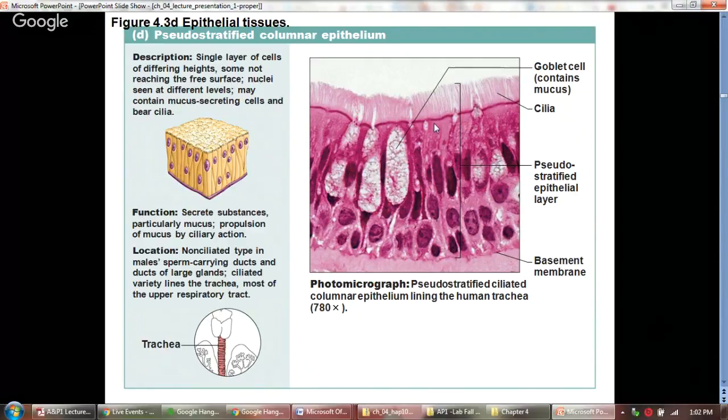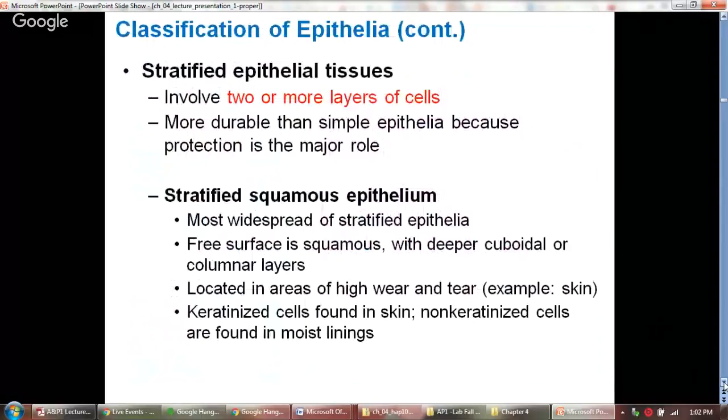So all cells lie at one basement membrane. And you do see single specialized goblet cells here, which are involved in mucus secretion. And here, of course, you see lots of microvilli on the apical surfaces of these cells.